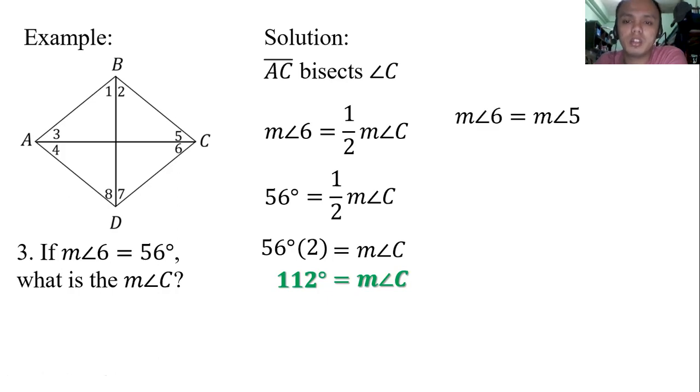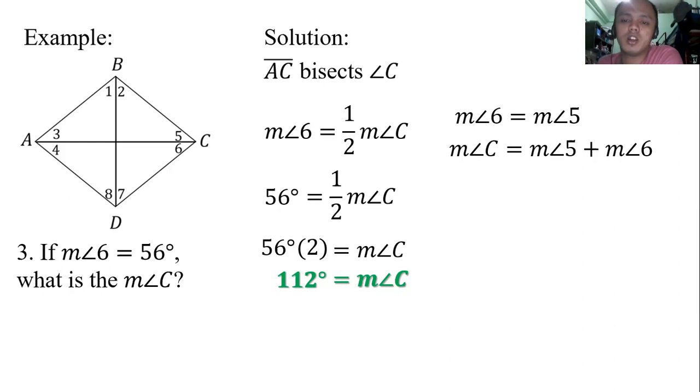Next, what is the measure of angle 5? Another way, we apply example number 1 here, where we added. Since AC bisects angle C, therefore the measure of angle 6 is equal to the measure of angle 5. And the measure of angle C is equal to the measure of angle 5 plus the measure of angle 6, by the angle addition postulate.